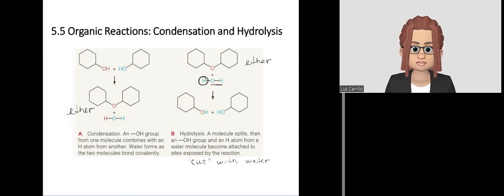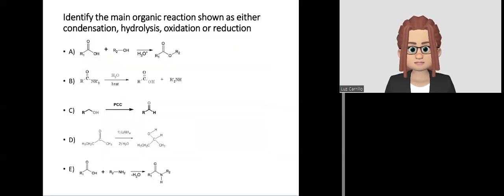Now, when it comes to this concept in organic chemistry, it is important that you are able to recognize, if you are given organic reactions, whether you have a condensation reaction, a hydrolysis reaction, an oxidation reaction, or a reduction reaction. So let's observe the following examples, and based on the functional groups given, we are going to determine if these reactions are going to be condensation, hydrolysis, oxidation, or reduction.